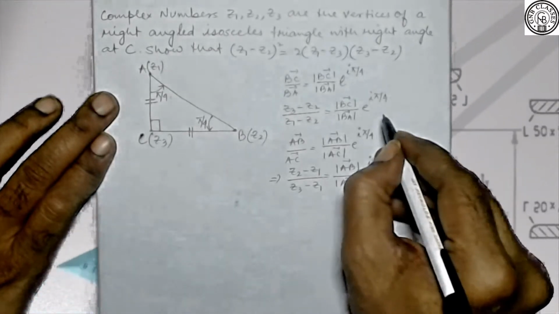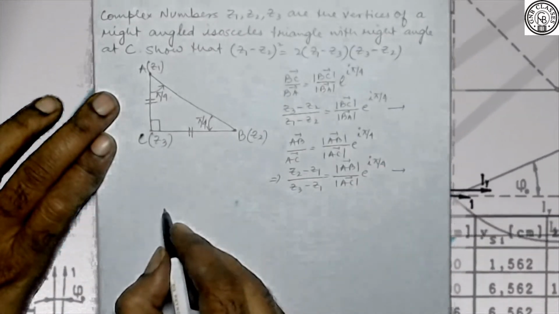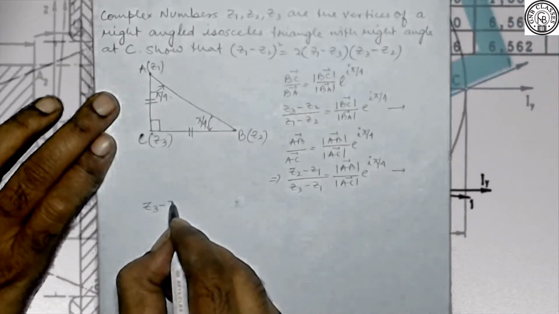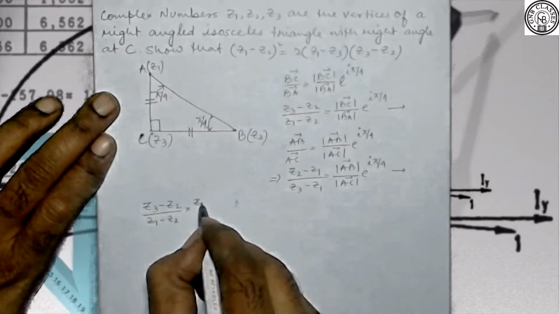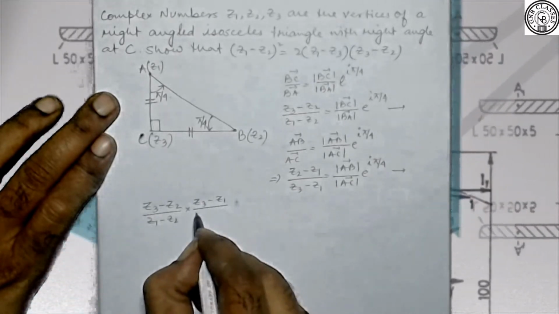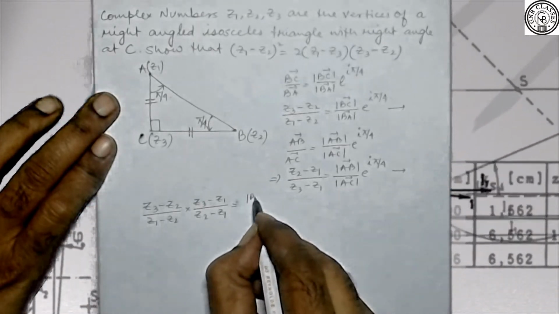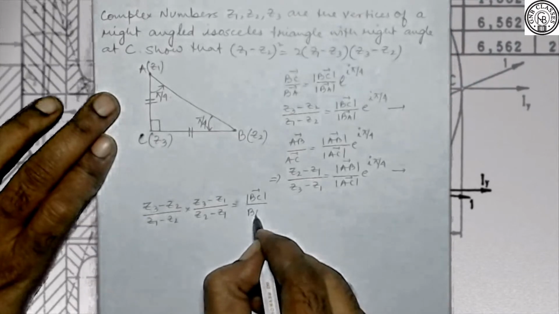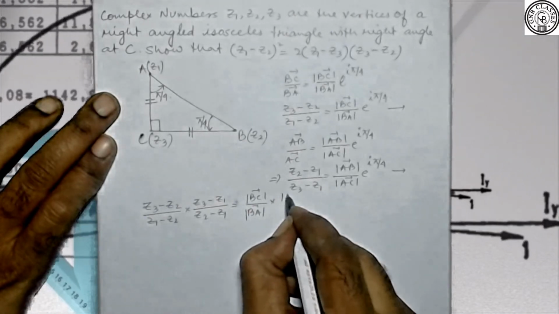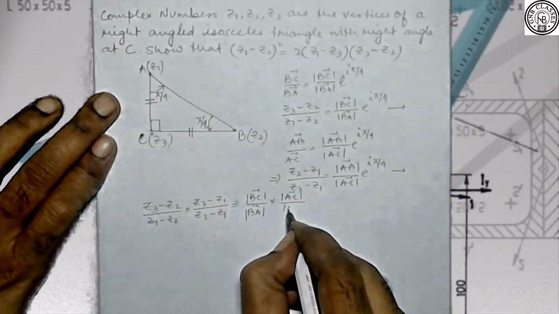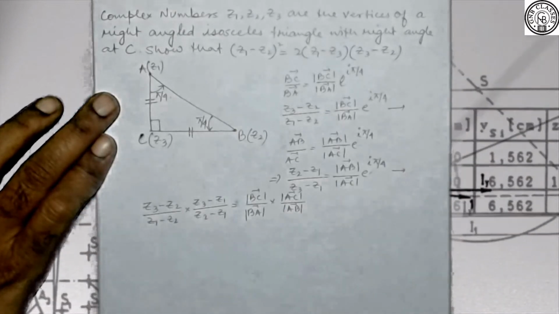Correct or not? Now, let me divide these two. So what are we going to have? Z3 minus Z2 by Z1 minus Z2 into Z3 minus Z1 by Z2 minus Z1 equals mod of BC by mod of BA into mod of AC by mod of AB, correct? e to the power iota pi by 4 will get cancelled.